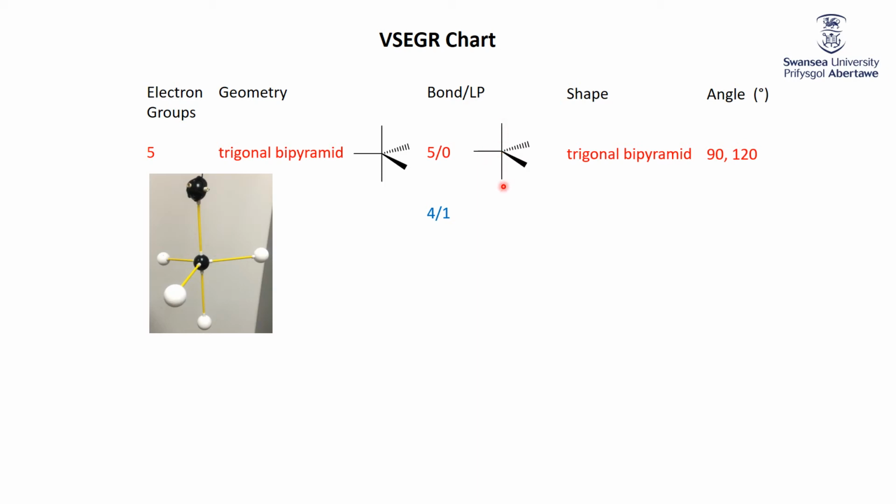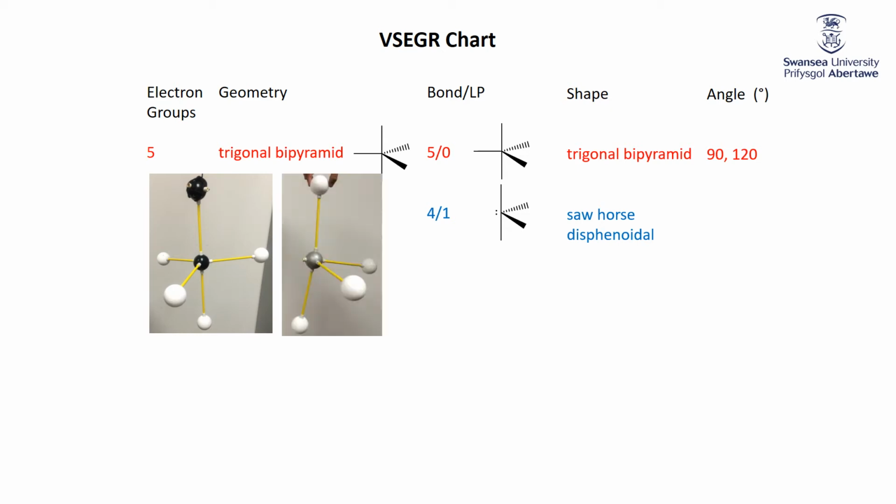Now we'll talk about this more in class, but for reasons of repulsion, minimizing the repulsion between lone pairs and other groups, it's an equatorial one that gets taken away. So you have this picture here called a sawhorse or a seesaw. The fancy word that I've never used in my life is disphenoidal.